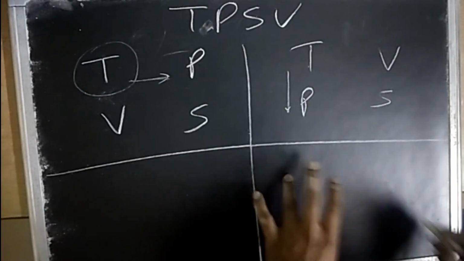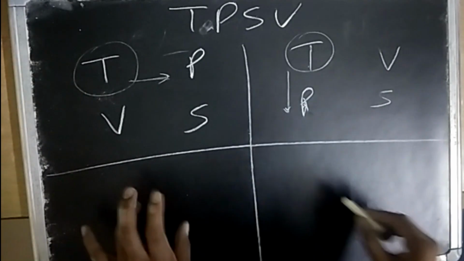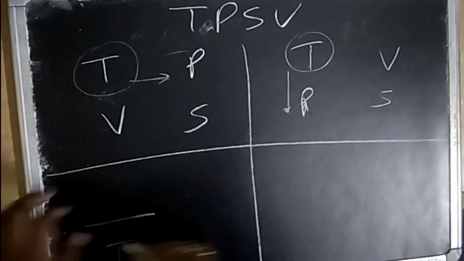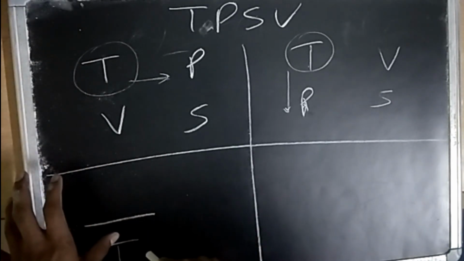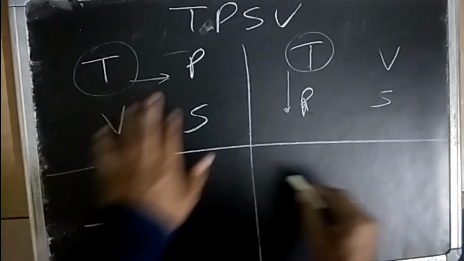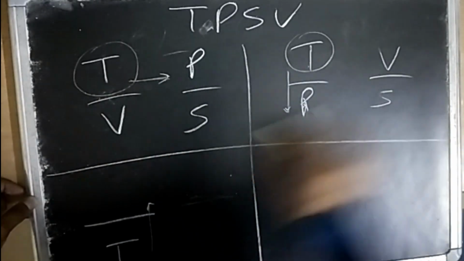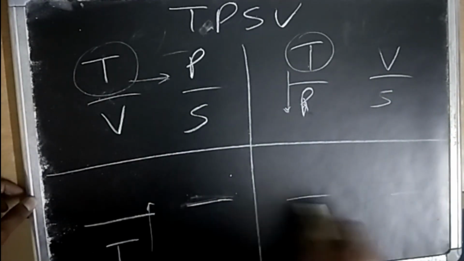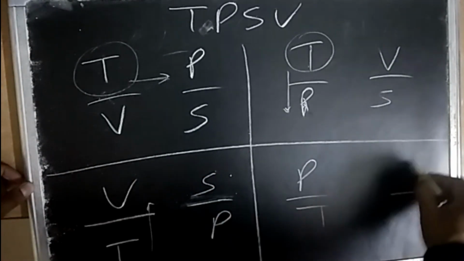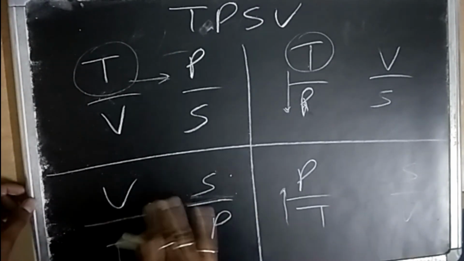Then now we focus on T down. T down, so now we again take it to be up, because we first go this way, or you can take any way. Just remember, it is like this, T down, T P S V. Here it is going up, here it is going like this.